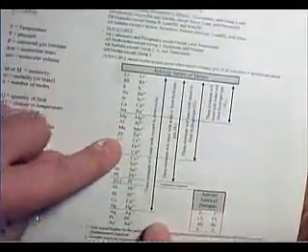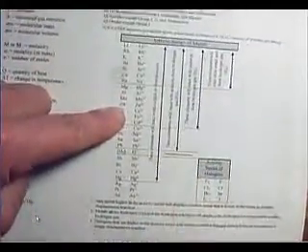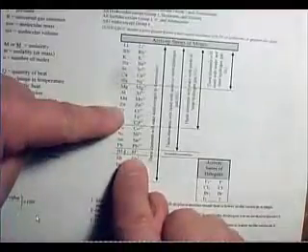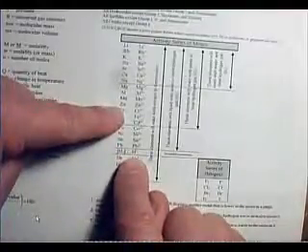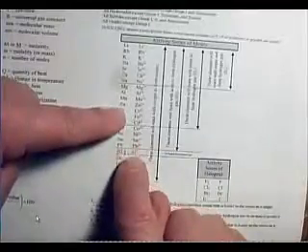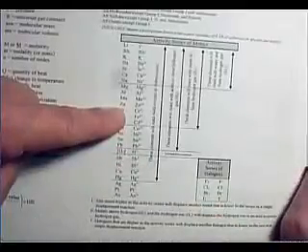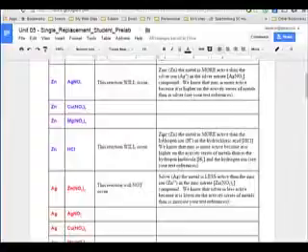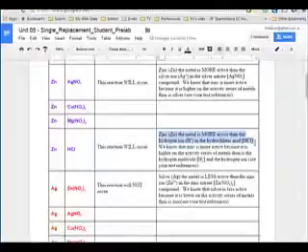Zinc is located here on this activity series, and there's the hydrogen ion in an acid. So zinc, the metal, will displace hydrogen in an acid. And that's my reasoning. If you go back here and look at what I said about it, I said that zinc, the metal, is more active than the hydrogen ion in the hydrochloric acid.